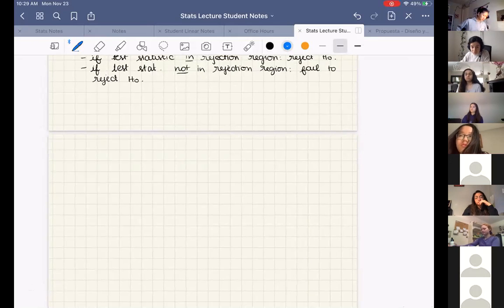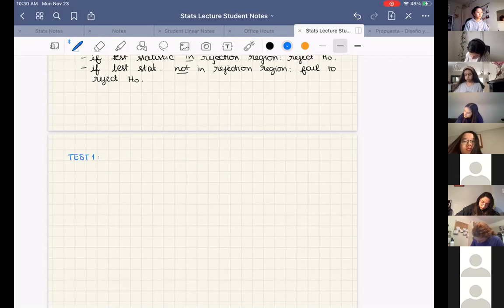We have test 1. And this is a hypothesis test for a normal distribution with known standard deviation.